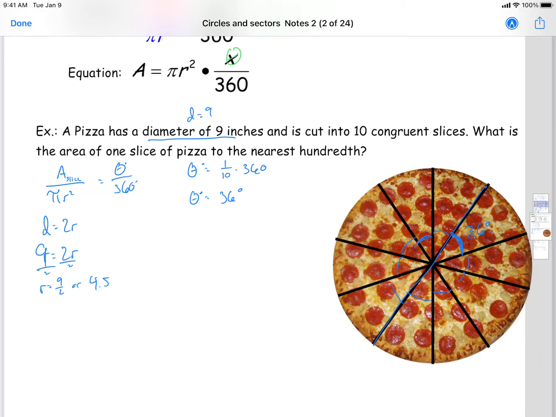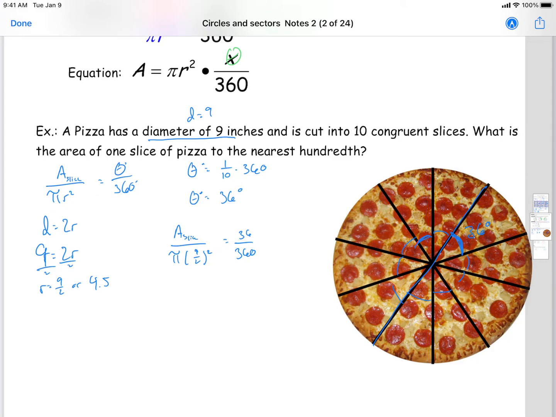I'm ready to put it all into the equation. We're trying to find the area of the slice over pi times 9 over 2 squared, which is going to equal 36 out of 360.